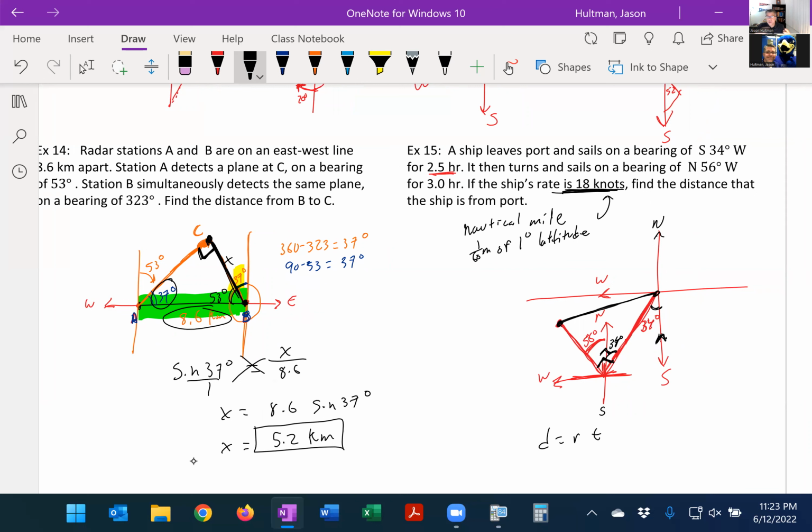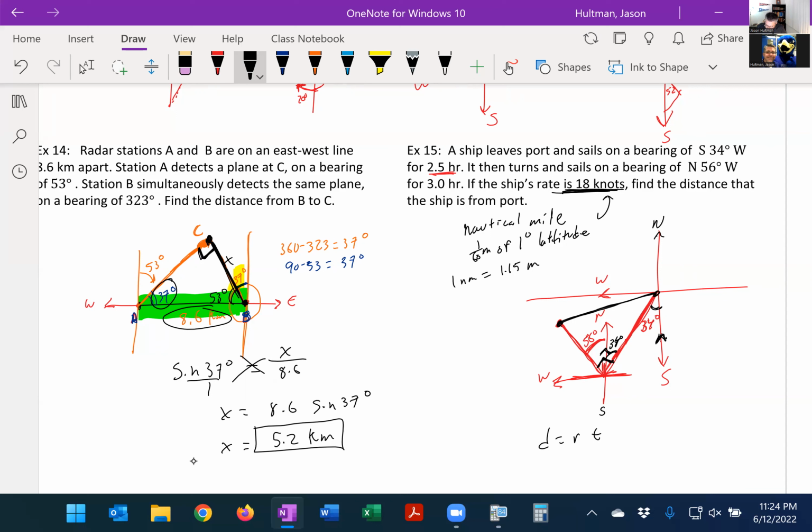So 1 minute is 1 nautical mile, and it just happens to be that 1 nautical mile is equal to 1.15 land miles. So it's pretty close to the amount that an ox can plow in a day. Well, what's 1/60th of 1 degree? That's a minute. 1 minute of latitude is 1 nautical mile. So interesting. You don't really need to know that to do the problem. I just wanted to give you a little bit of background on that.